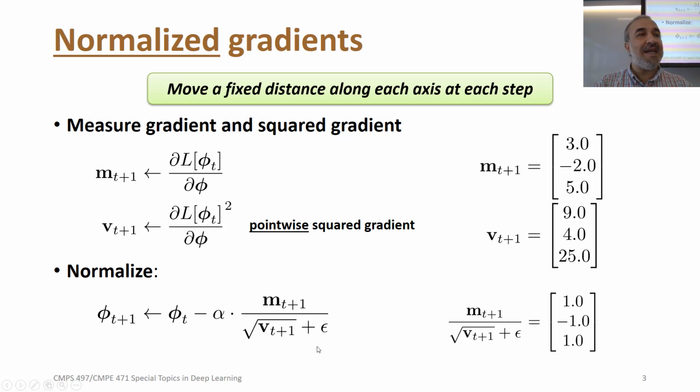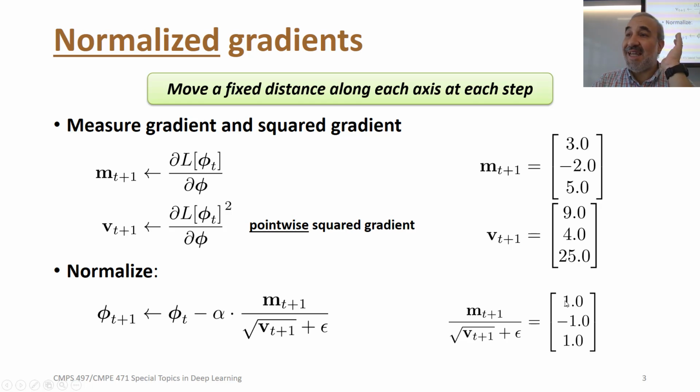But basically it is like taking the sign, so it will be just 1 or minus 1. The epsilon is not the error, it's a small value to avoid dividing by 0. It's a very small value like 0.0001, just to make sure that we are not dividing by 0 if this is 0. Did you get that?